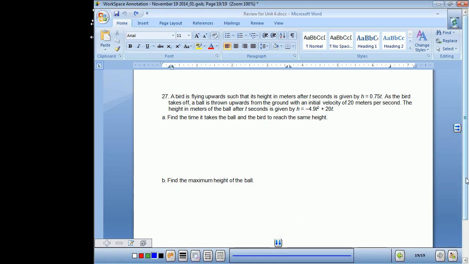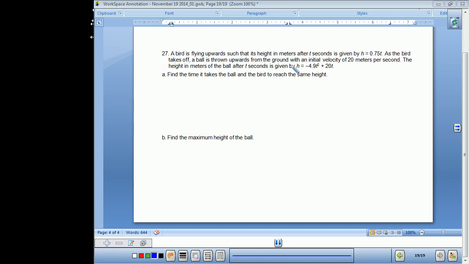It is a parabola. It opens down. If we want to find the time that the ball and the bird reach the same height, that is a system that we would solve. Where do they intersect? So we'd say 0.75 t is equal to negative 4.9 t squared plus 20t. So you could say the equation 0 equals negative 4.9 t squared plus 19.25 t.